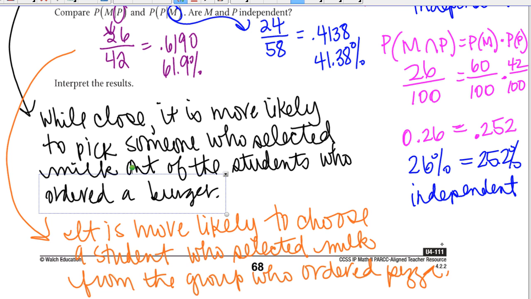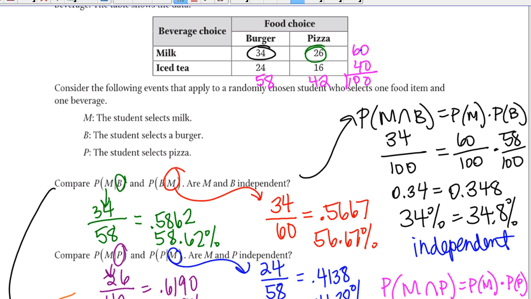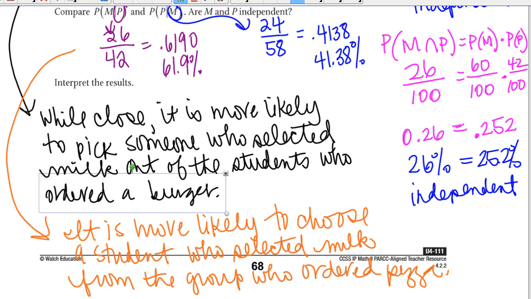Okay, so if we look back at the data, sorry, I wrote that fast and then kept going. It's just analyzing it and interpreting it. And if you look, so notice both of these, it's more likely to pick somebody who got milk, whether you're looking at the group who got the burger or who ordered pizza.